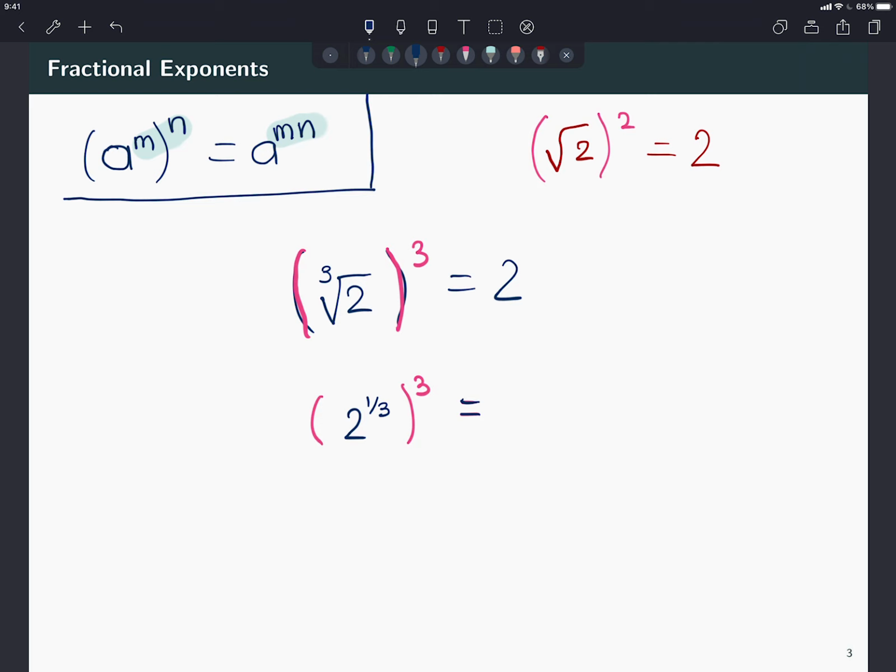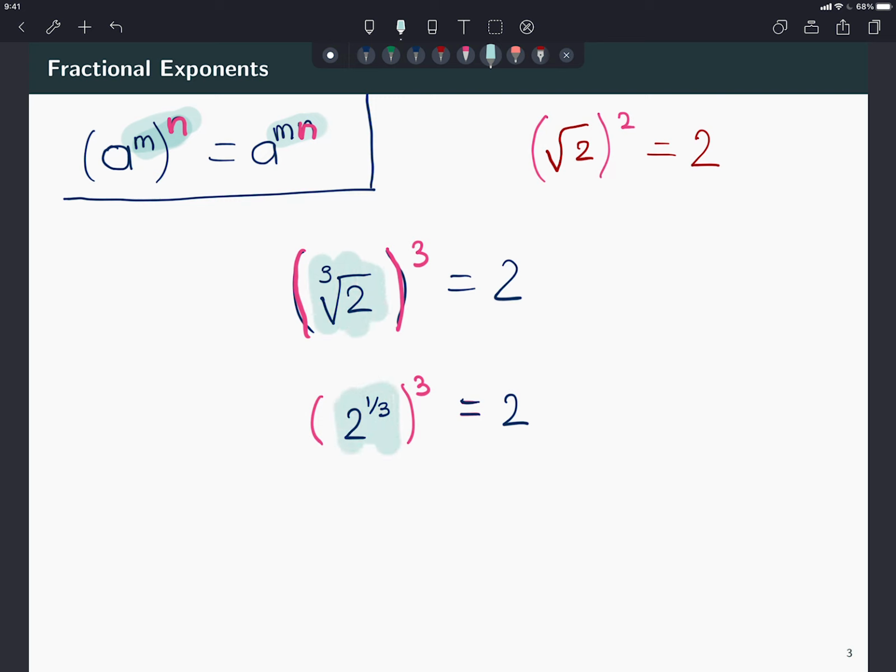Because using this property up here, my m is the 1/3, the n is the 3, you multiply the powers, and when you multiply 1/3 times 3, you would get 2 to the 1, so 2. So I just showed two numbers, the cube root of 2 and 2 to the 1/3.